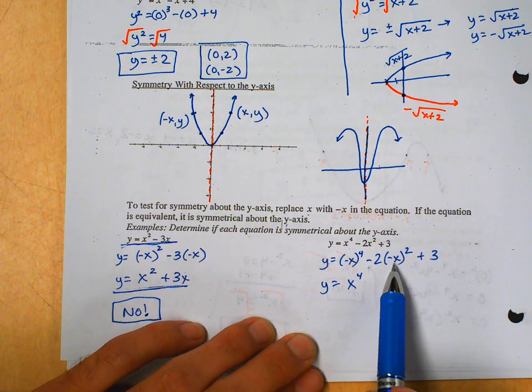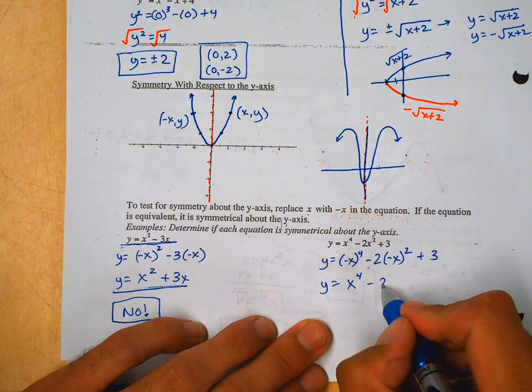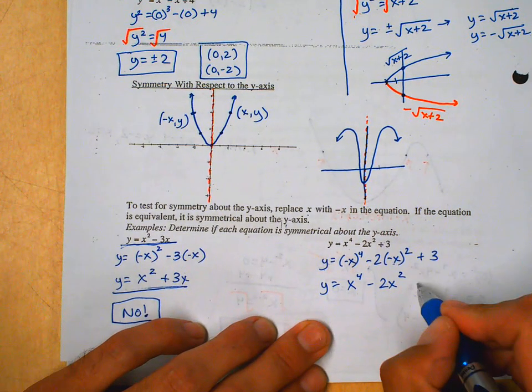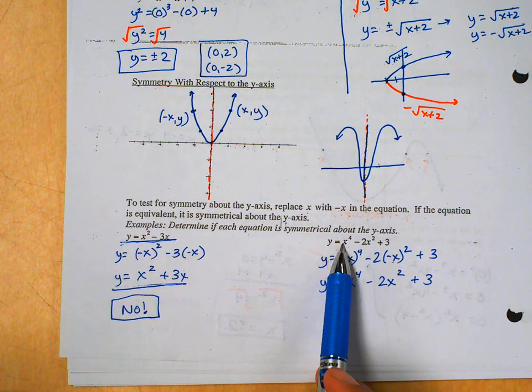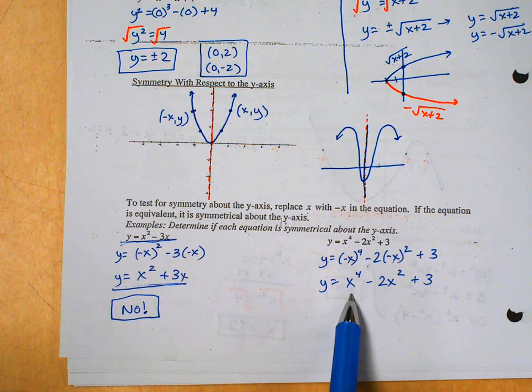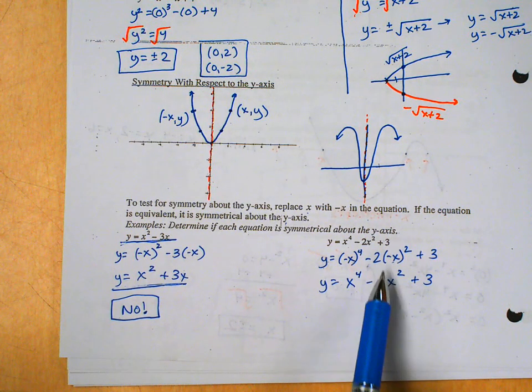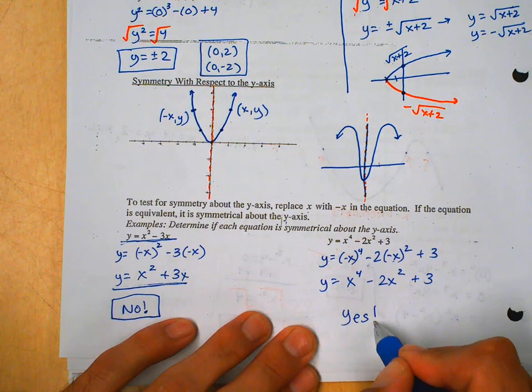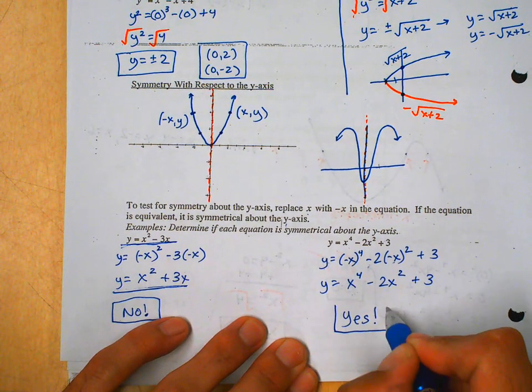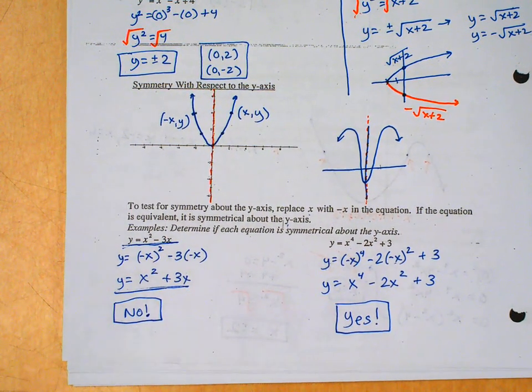Negative x times negative x is positive x squared, so minus 2x squared plus 3. And this is exactly the same as the original equation. X to the fourth minus 2x squared plus 3. So yes, this is symmetric about the y-axis.